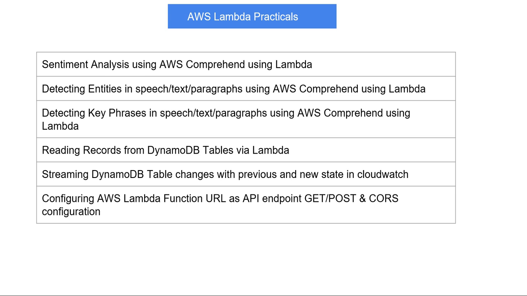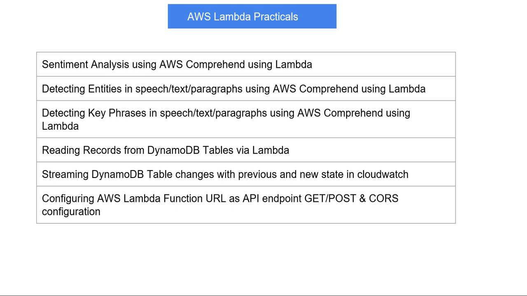I will create a different video for DynamoDB, but for now just understand that DynamoDB is a NoSQL database service from AWS. In this practice we will see a small session, but for understanding DynamoDB in detail, we will discuss it in a different DynamoDB session.